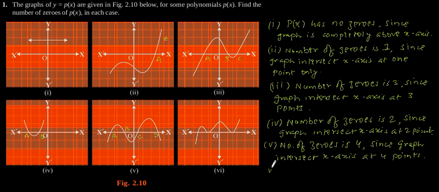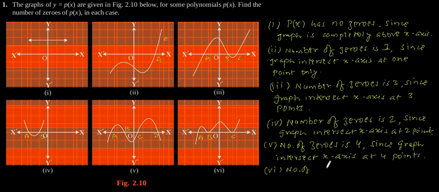Now the last one. Here we can see the graph intersects the x-axis at A, B and C. So the number of zeros is 3.